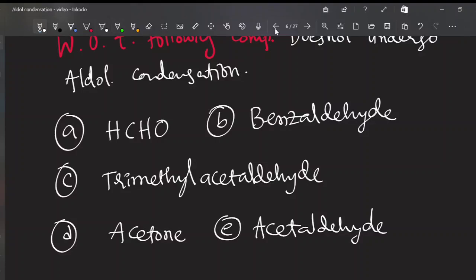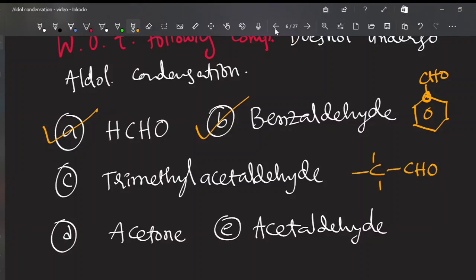Formaldehyde doesn't contain any alpha hydrogens, and benzaldehyde is also the same situation. In benzaldehyde also we don't have any alpha carbon here. This doesn't undergo aldol condensation. Trimethyl acetaldehyde: acetaldehyde is this, and trimethyl is three methyls here.